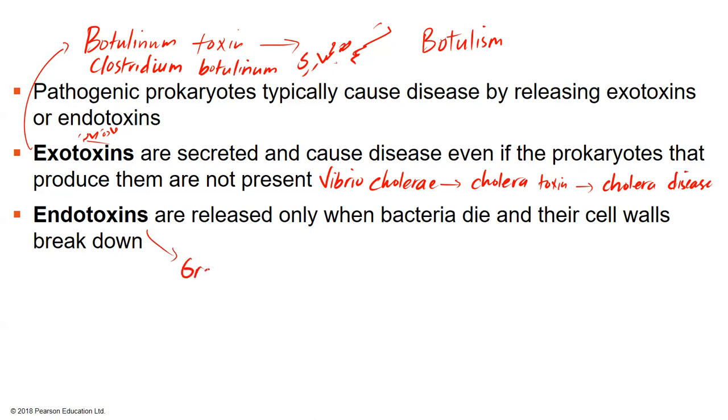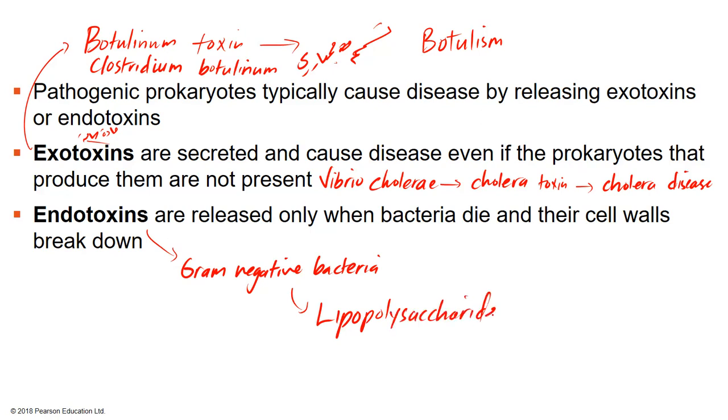Gram-negative bacteria, if you remember, the cell wall of a gram-negative bacteria has an outer membrane, and the outer leaflet of the outer membrane contains molecules called lipopolysaccharides, or LPS. So LPS is an example of an endotoxin. So this is an endotoxin. Okay.